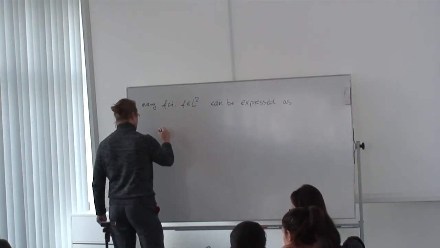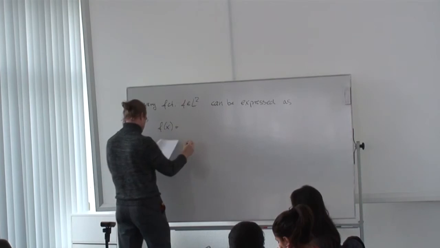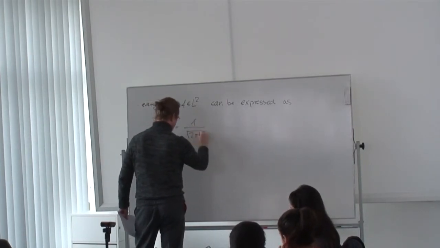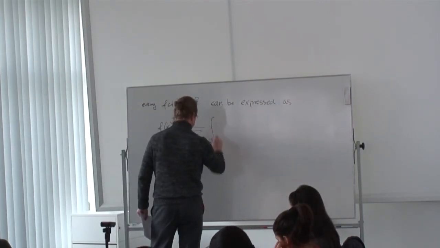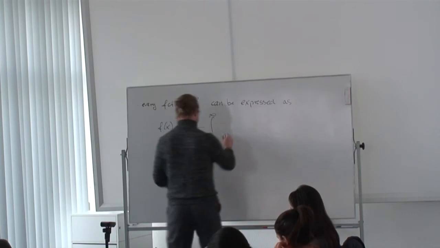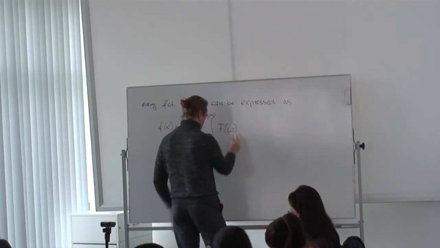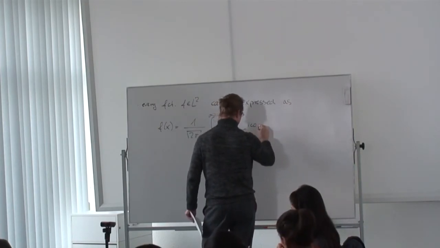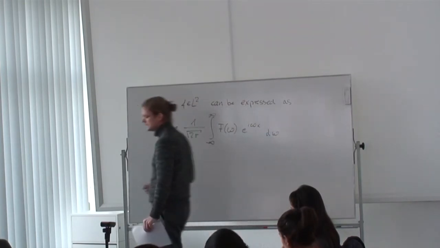I claim we can write f of x as 1 over the square root of 2 pi times the integral from minus infinity to infinity over a function F of omega e raised to the i omega x d omega.